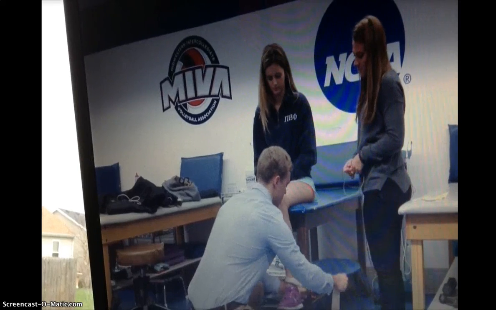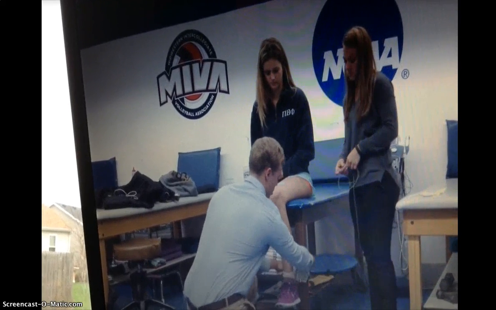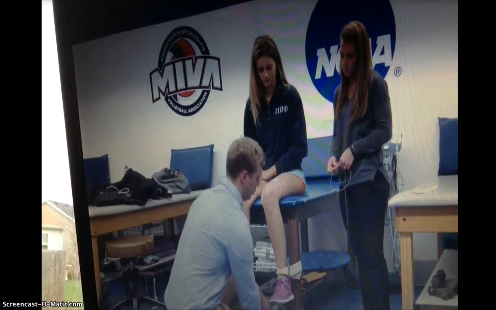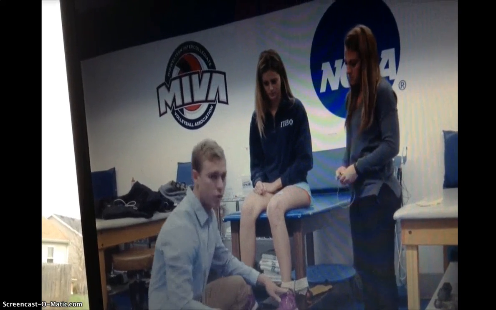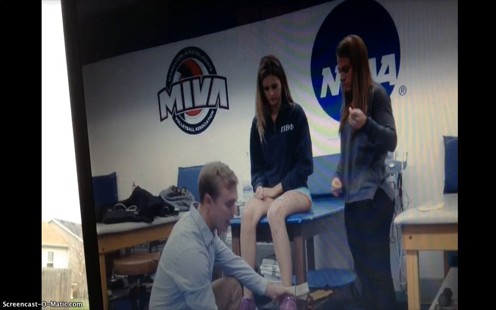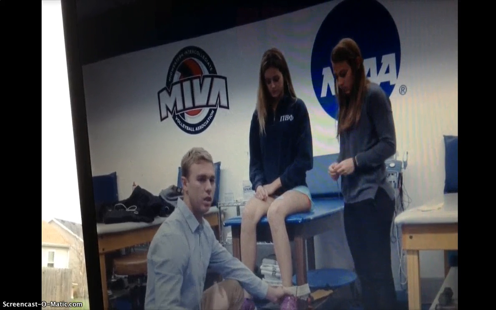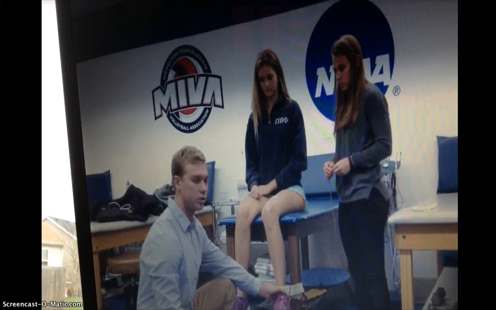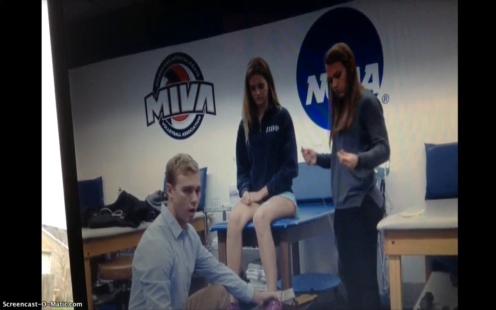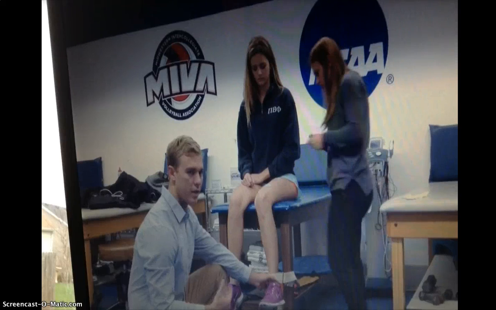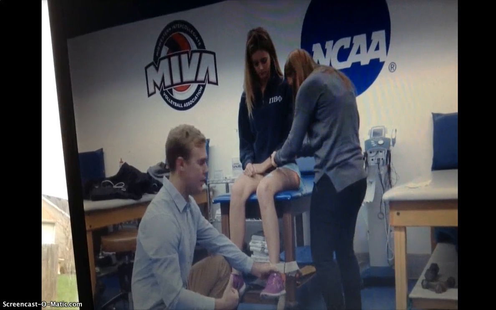They positioned it just above where the shoe ends, and every time that they were to feel the electrical stimulation, they were also supposed to activate the quad. And after that, they then took a reading at each interval.